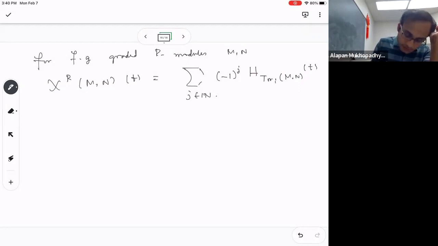Okay, and the theorem is this. Take R, I as before.